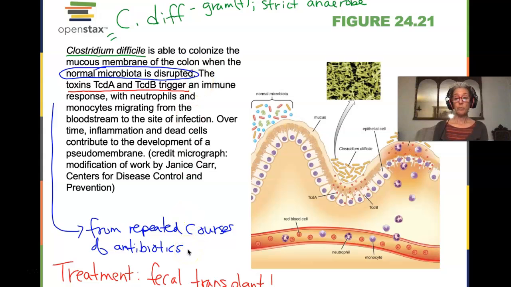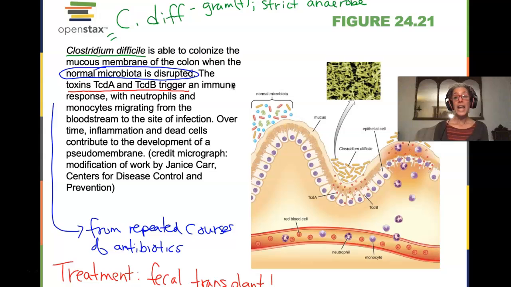That happens from people who, for various reasons, have actually required repeated courses of antibiotics. That disrupts the balance of the microbiota in the colon, and the Clostridium difficile, or C. diff, multiplies. This organism makes toxins that cause an immune response.